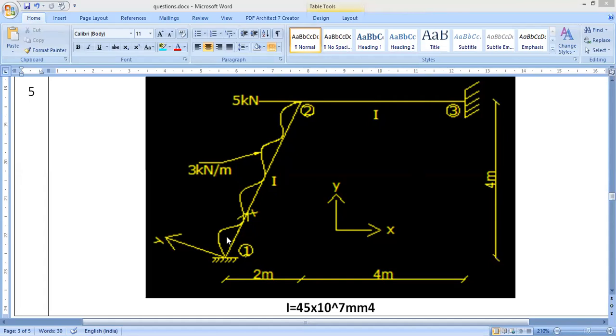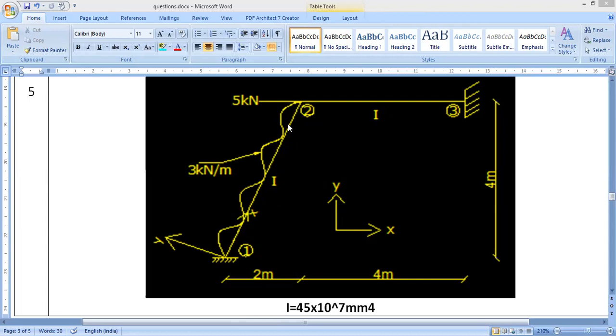See, in all the other problems we have discussed, the columns used to be vertical, and therefore the positive axis system of STAAD was x-axis to the right-hand side positive and y-axis upward positive. But when there is an inclined column, the axis changes.